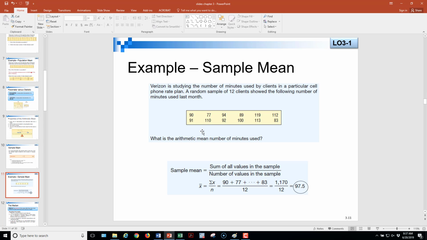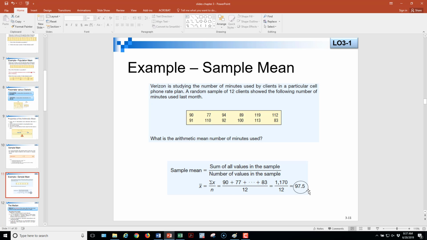In the slides, the example of the sample mean is Verizon, which is studying the number of minutes used by clients in a particular cell phone rate plan. They take a random sample of 12 clients, and these are the amounts of minutes. What is the mean number of minutes used, or arithmetic mean?